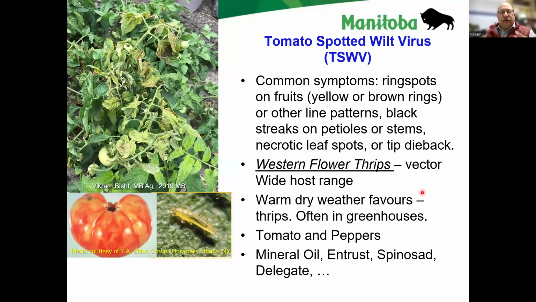So it is the thrips that we control, manage, or prevent from multiplying that will help us control the problem from spreading. Now, here are mineral oil, Entrust, spinosad, Delegate. There are quite a few other insecticides that can be used for controlling the thrips.